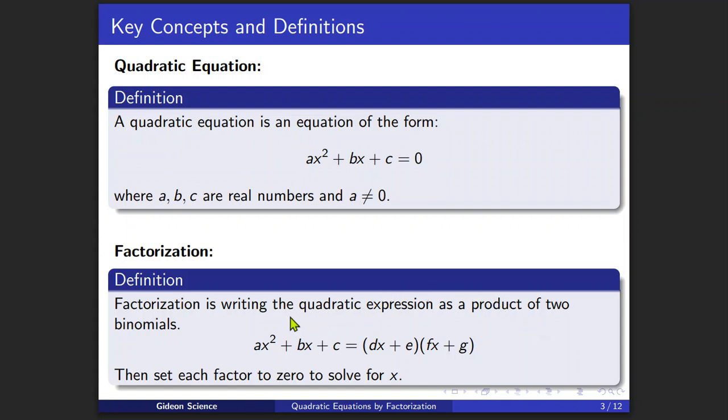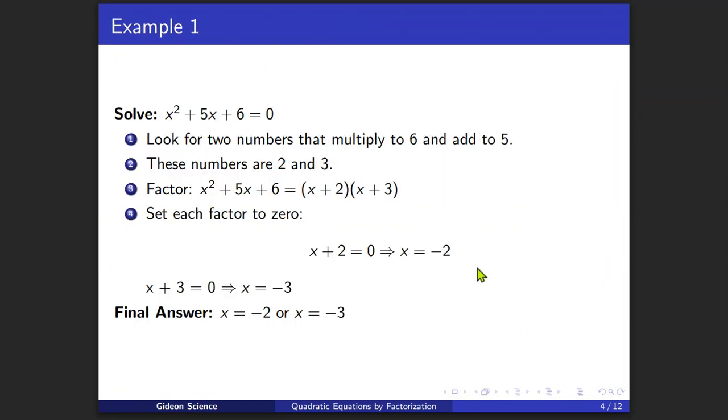In this case, as you can see, we can split the given equation into two products. Then set each factor to 0 to solve for x, which should lead to the solution.